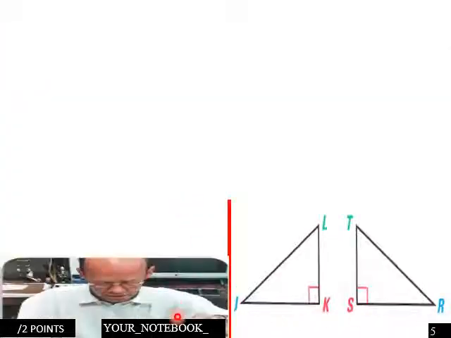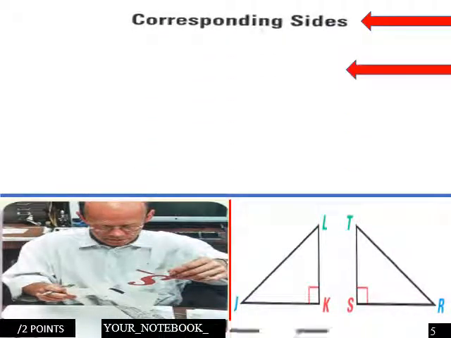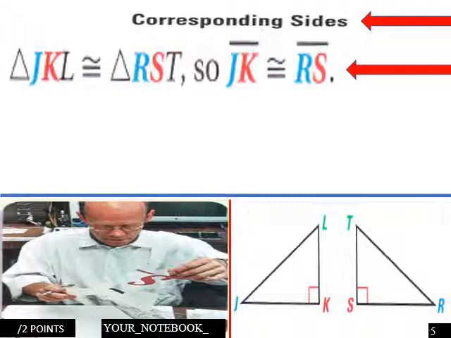Page 5 of your notebook. Corresponding sides. Side JK is congruent to side RS.